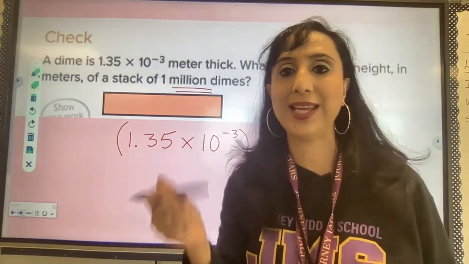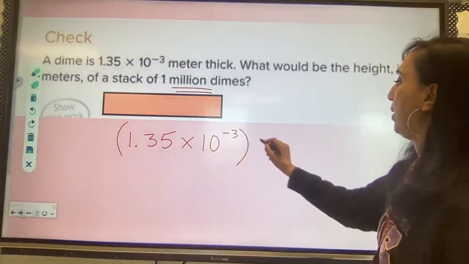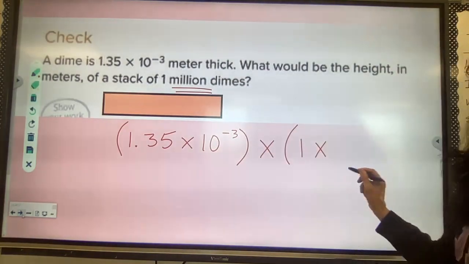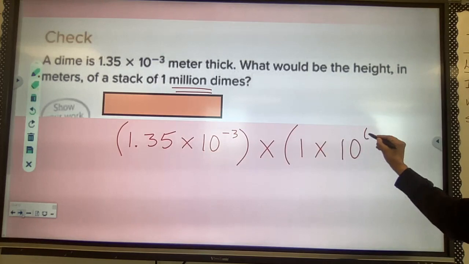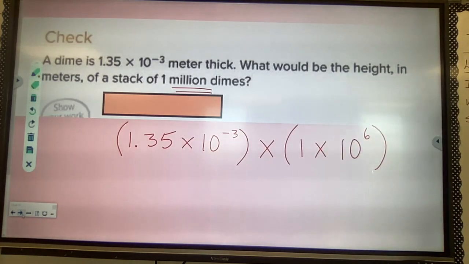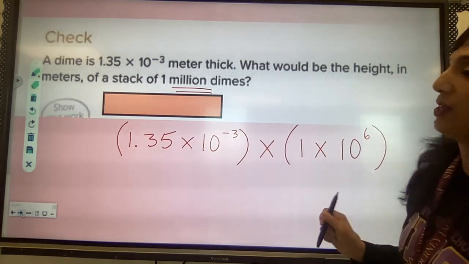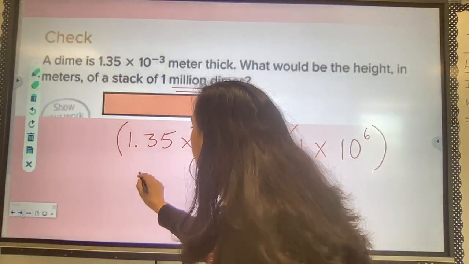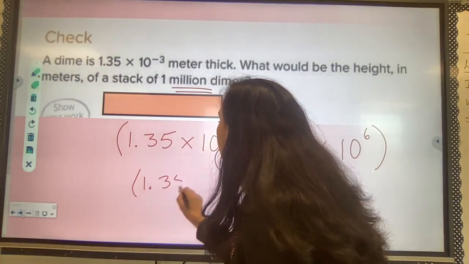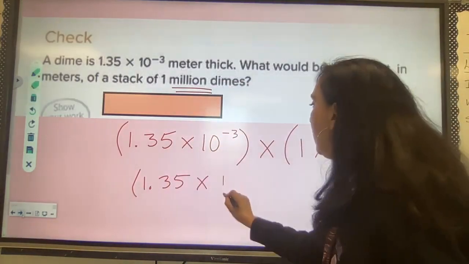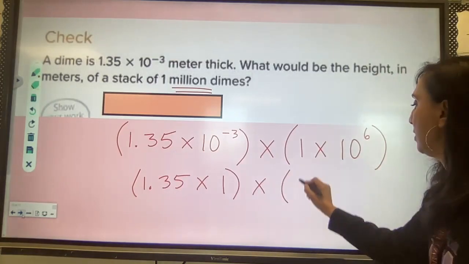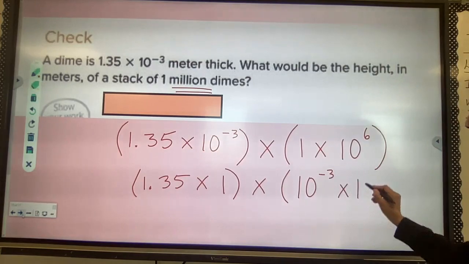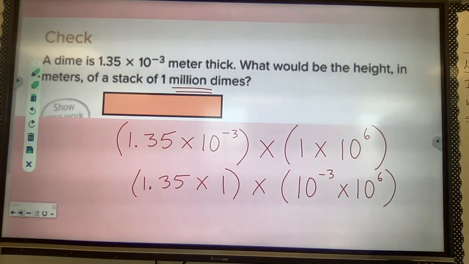Million means there are 6 zeros, right? So we're going to do multiplication. 1, and I'm writing that in scientific notation, times 10 to the 6th power. Now again, using commutative and associative properties, I'm going to do the grouping, and I am going to do 1.35 times this one, times 10 to the negative third power times 10 to the 6th power.